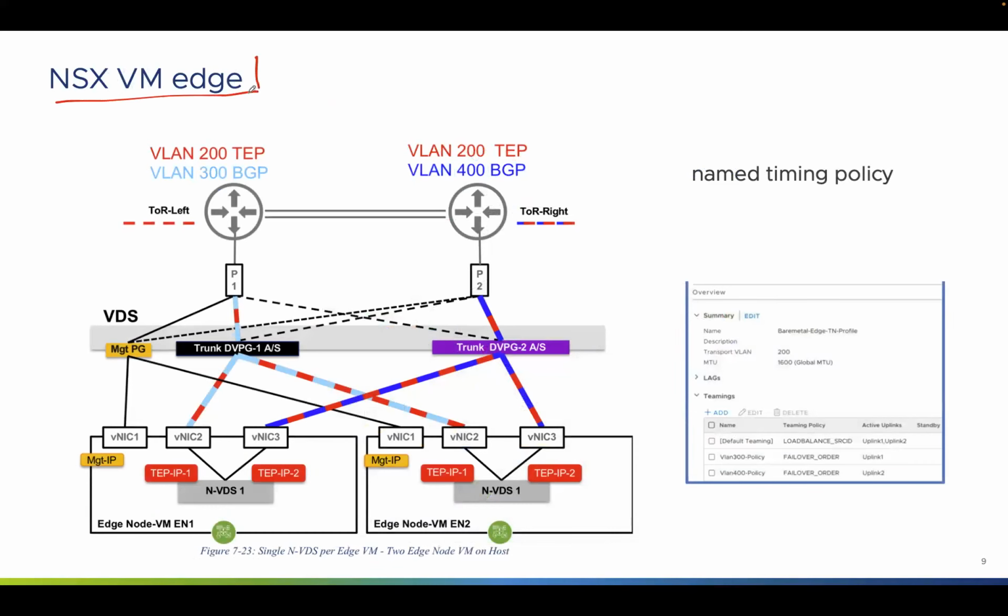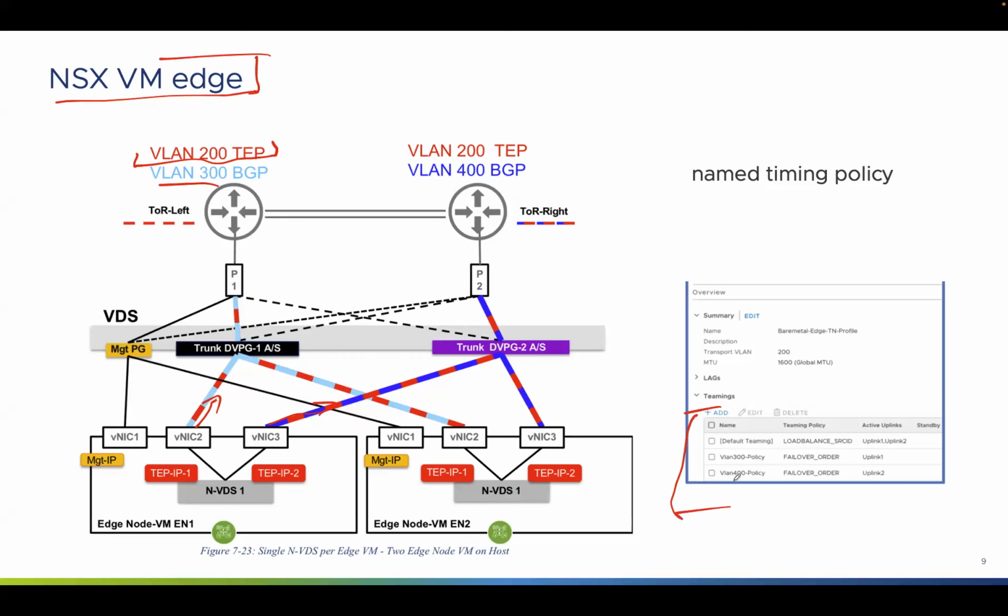So we talked about the preferences for the VLAN-based uplink, and load balancing for VLAN 200 for tunnel traffic. How do we implement that? How do we get it done?